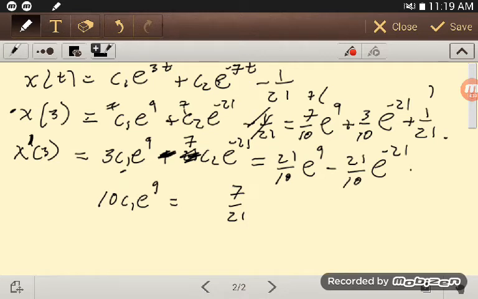And then inside, now notice when I multiply this 3 here by 7, I'll get a 21. Here's a minus 21.